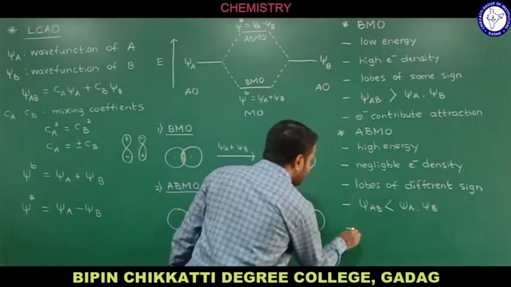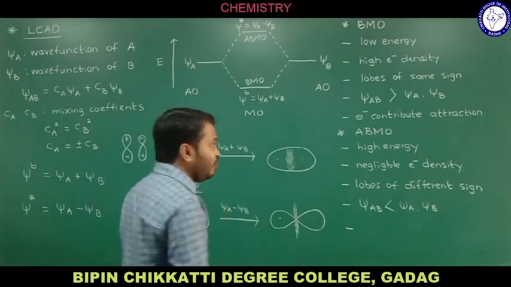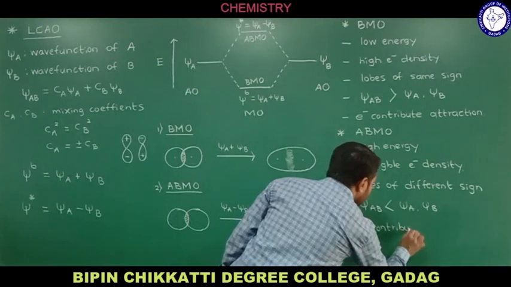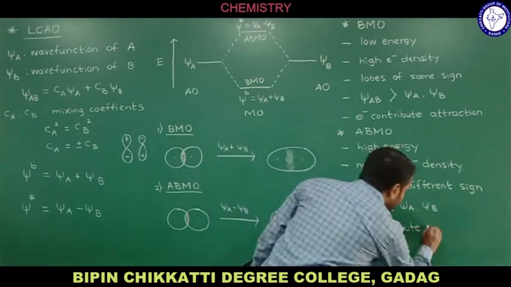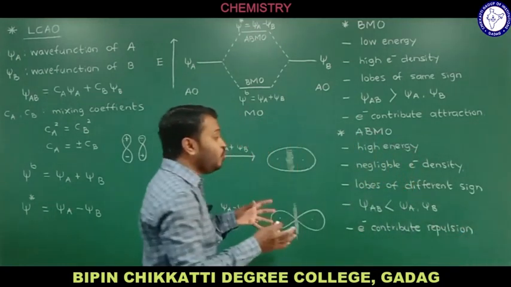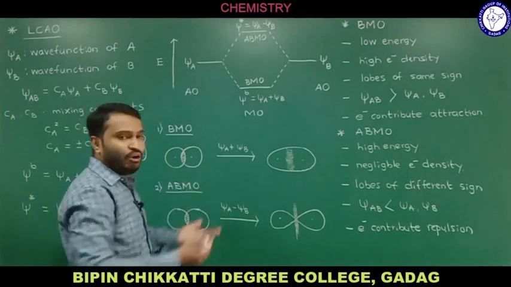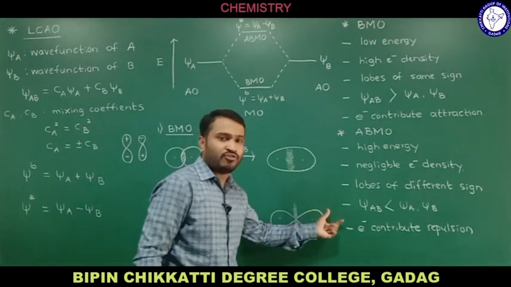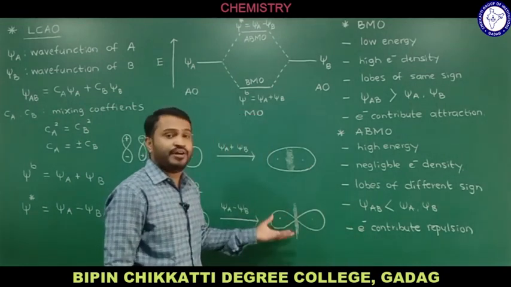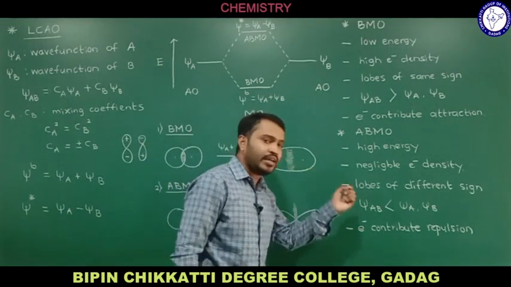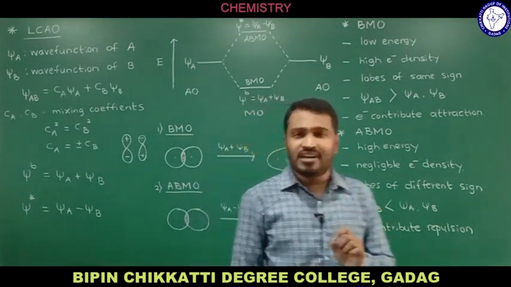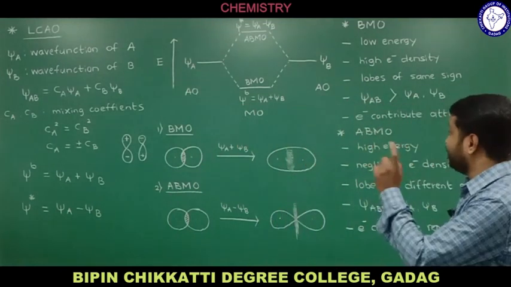Every electron in BMO contributes to the attraction, whereas electrons in ABMO contribute to the process of repulsion between the atomic orbitals, so the extent of overlapping is very poor in case of ABMO, because every electron present in the molecular orbital, particularly ABMO, contributes to the repulsion of two nuclei or two atoms. So all these are the properties related to BMO and ABMO.